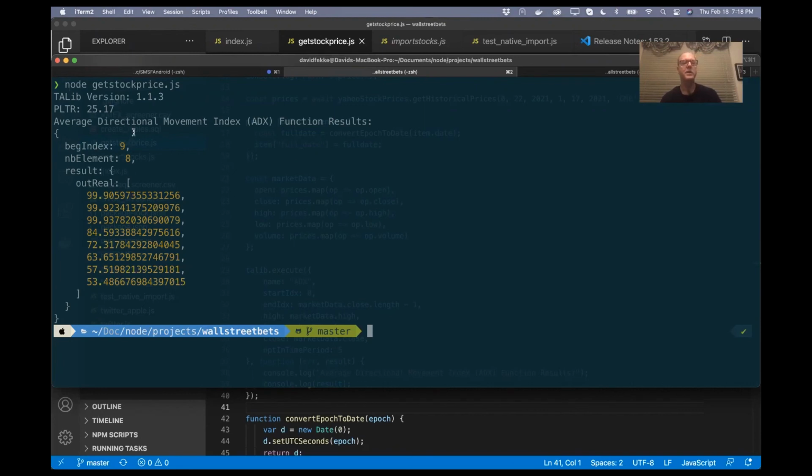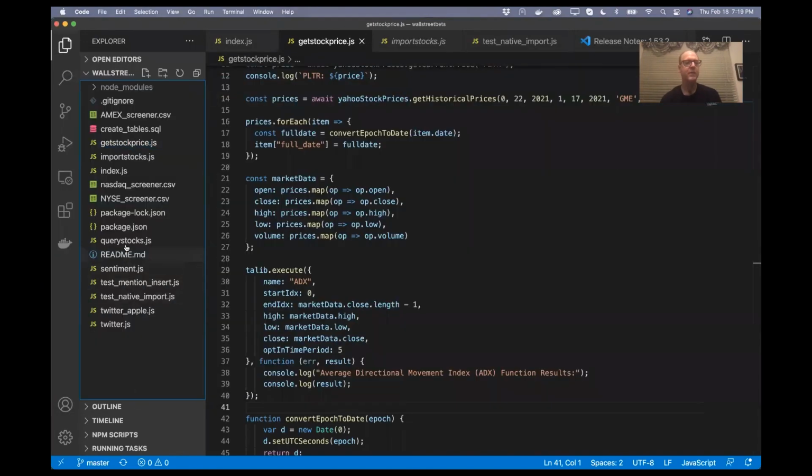But we also did a technical analysis of GameStop. I almost said GameStock, my apologies. And we can see that the overall trend here is going down. So this may not be a good stock to purchase.